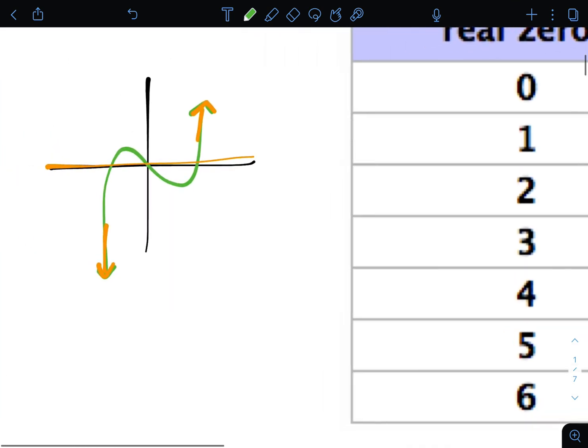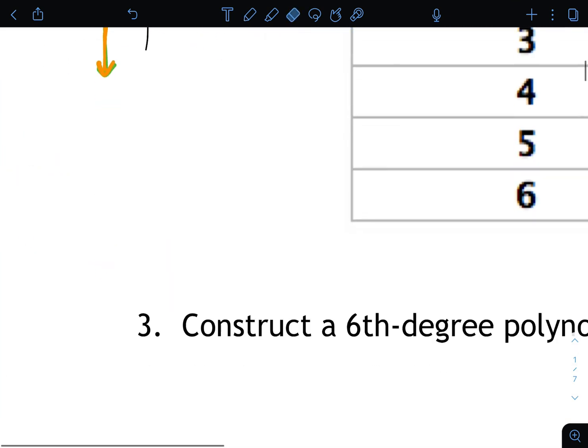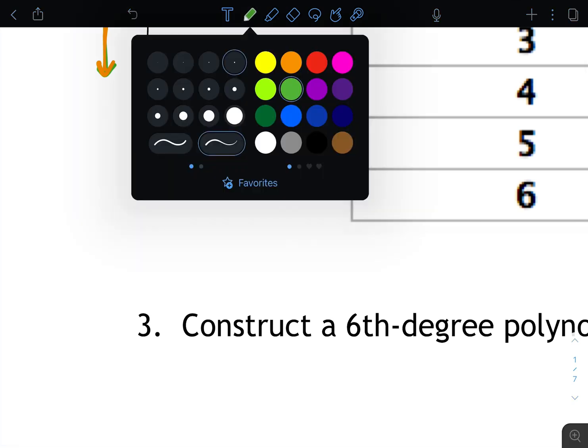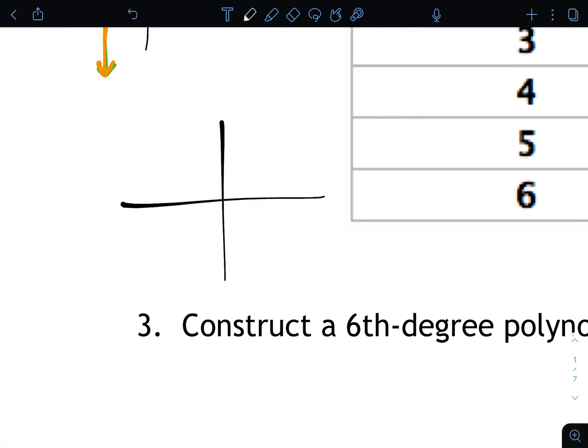If we look at a graph of a quadratic, we talked about how we could have 0 zeros. So right here, our function never crosses the x-axis. It could touch it once and go back away, or it could touch it twice.